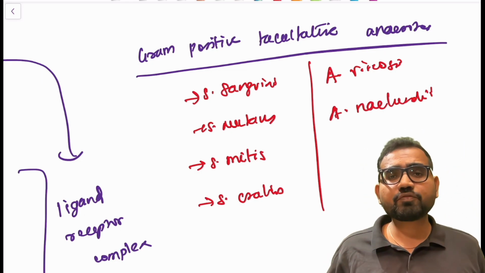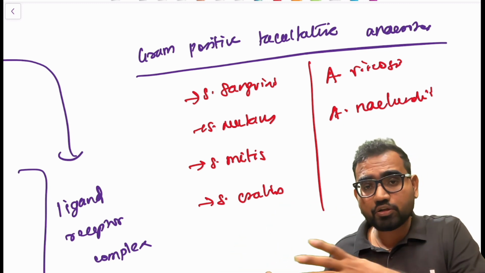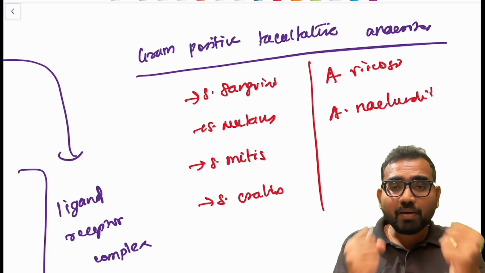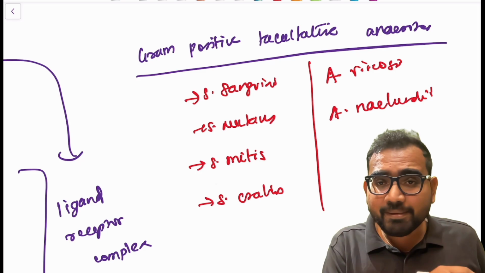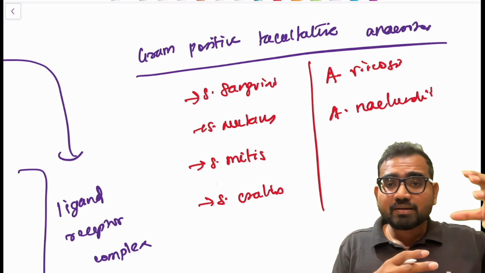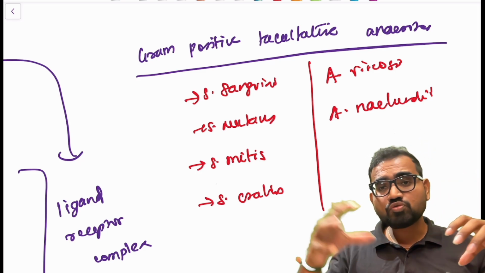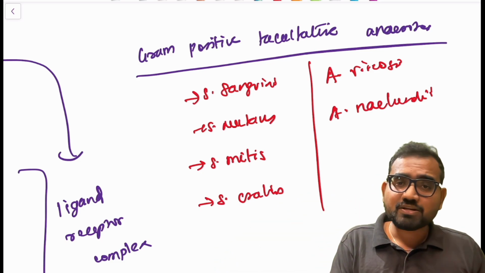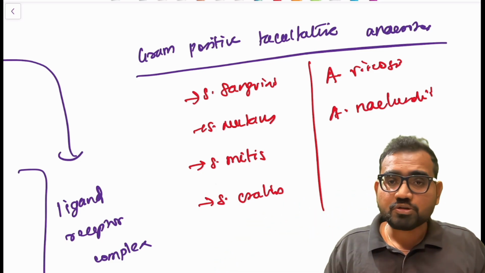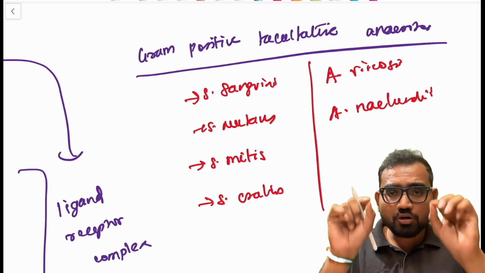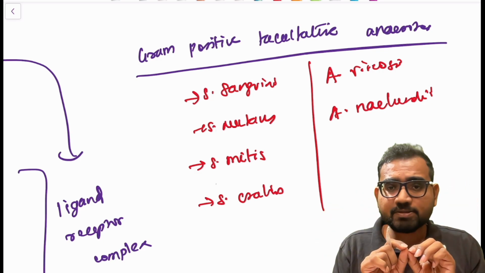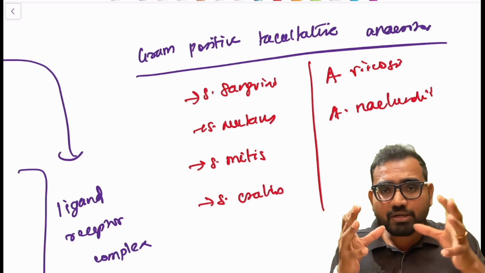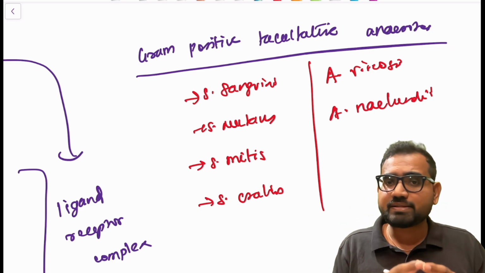These are the few gram positive facultative anaerobes that are going to bind to the pellicle. Recapping the previous stage, the Actinomyces binds to glycoproteins and the Streptococcus mutans binds to proline rich proteins. So this is how the attachment of a bacteria to a pellicle takes place. It can be reversible or irreversible depending upon the position at which the bacteria is attached.